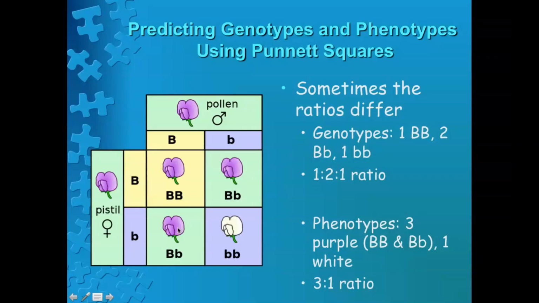Phenotypically, I end up with 3 purple to 1 white, or a 3 to 1 ratio, which is consistent with traditional Mendelian genetics. If I make two heterozygotes together, I should get that traditional 3 to 1 ratio. If I don't, then we can start talking about other inheritance patterns, which we'll get into next week.